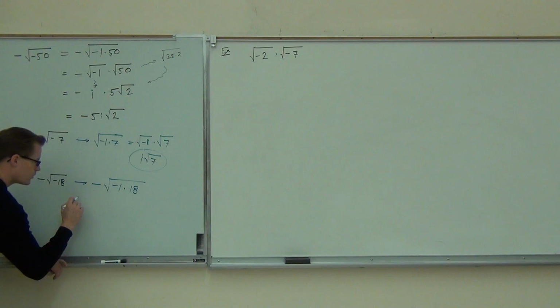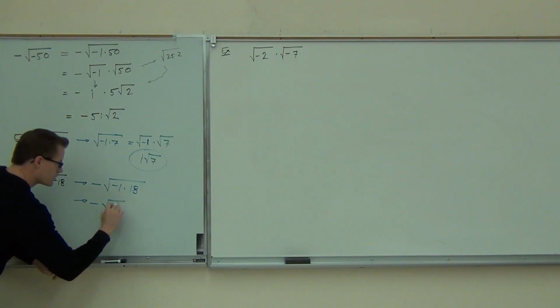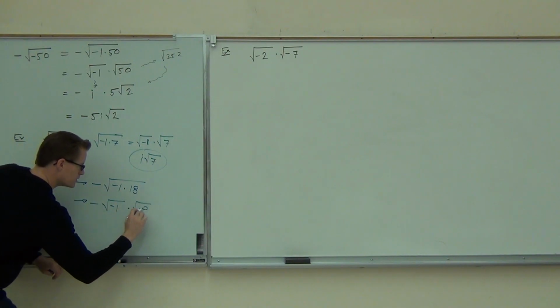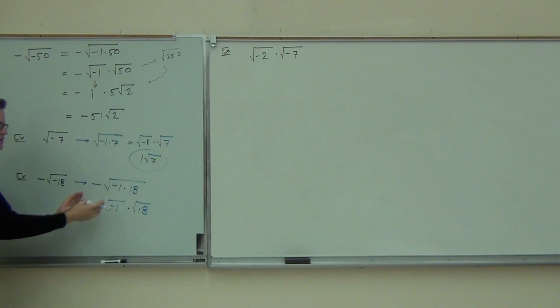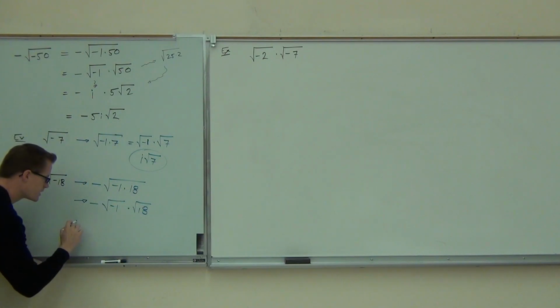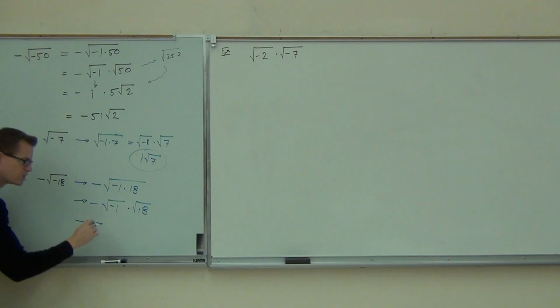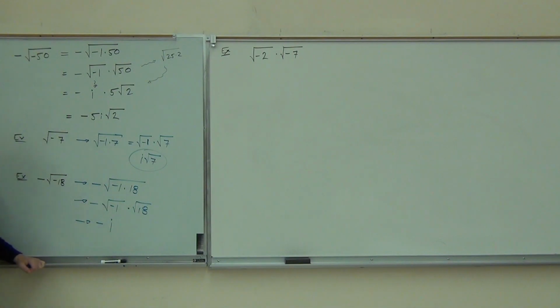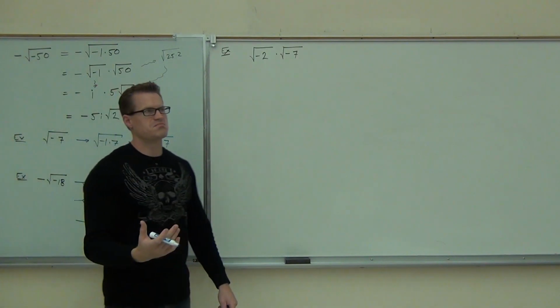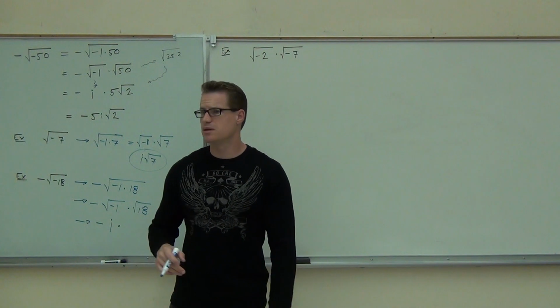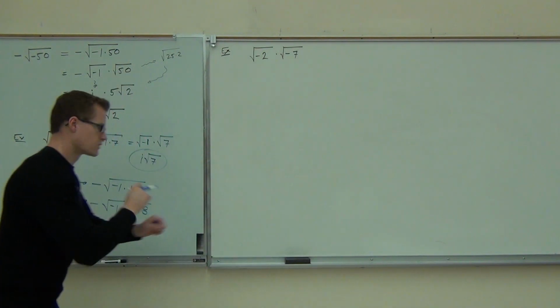So we know that this is going to be negative square root of -1 times square root of 18. We have to split off that square root of -1. The reason why is because we know everywhere we see the square root of -1, we're going to put I. So we have the negative, we have the I, and the square root of 18, I'm thinking that's going to be 3 root 2.